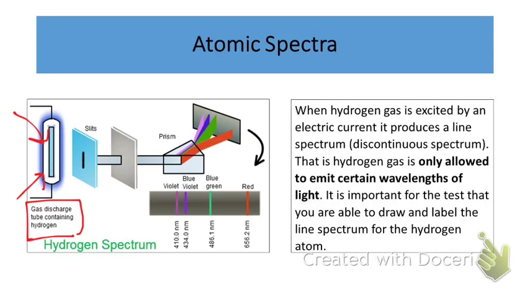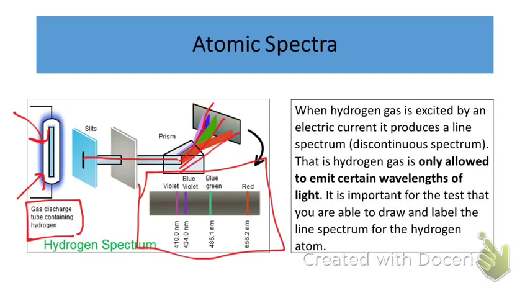That light is then directed through a slit and then through a prism, which, as we know, bends the light into its appropriate wavelengths. As a result, we get a line spectrum, which you see right here. This is the line spectrum for hydrogen. Again, under classical physics they assumed we would get a continuous spectrum. We should see all the wavelengths of visible light instead of the individual wavelengths that we see here.